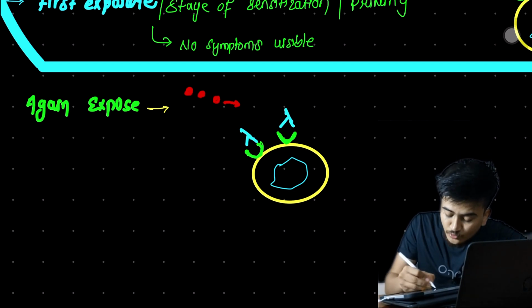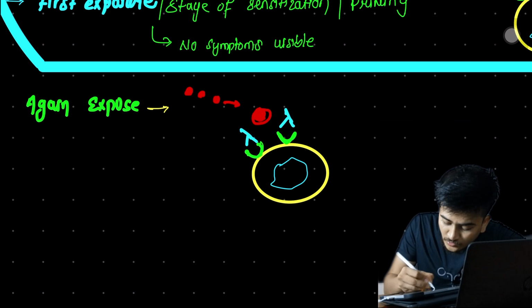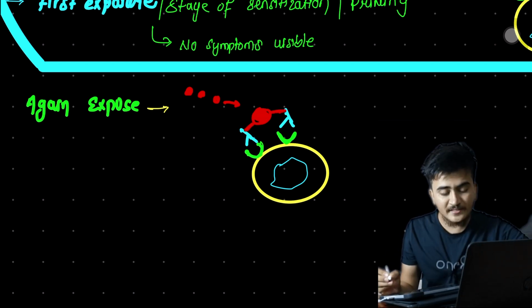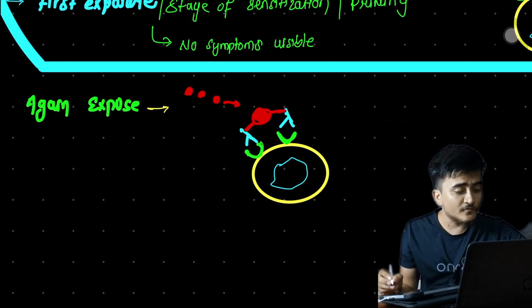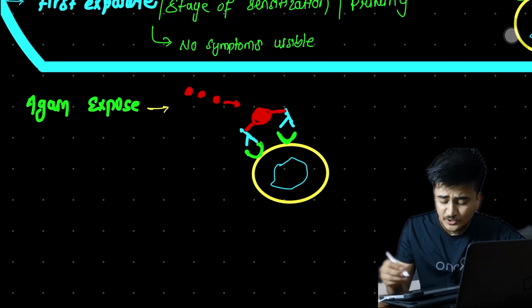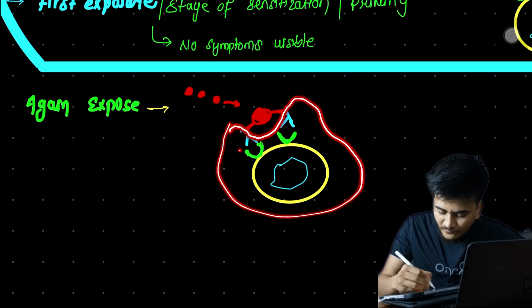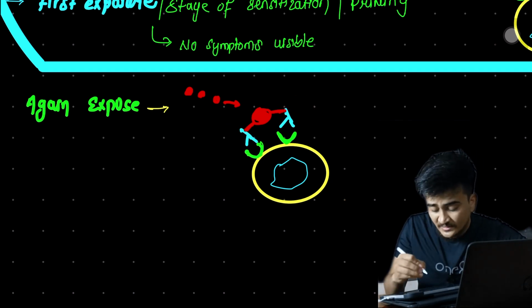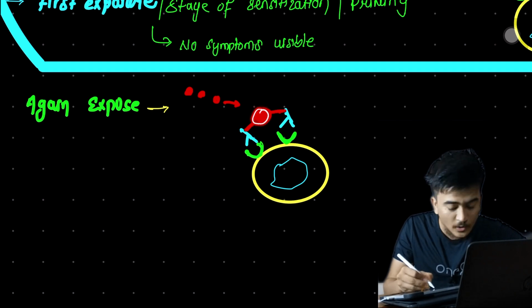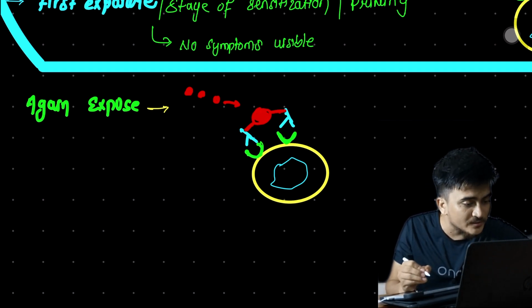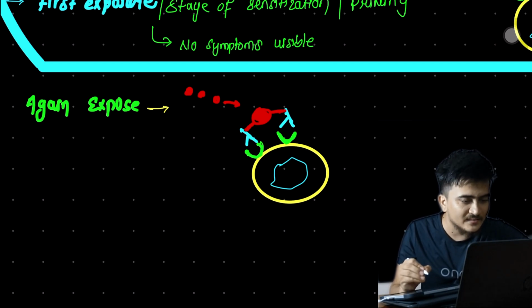They will cause a cross reaction between these two antibodies. This much was already present in our body at the time of first exposure. But when these antigens come into our body again, what will they do? They will do cross linking, right?